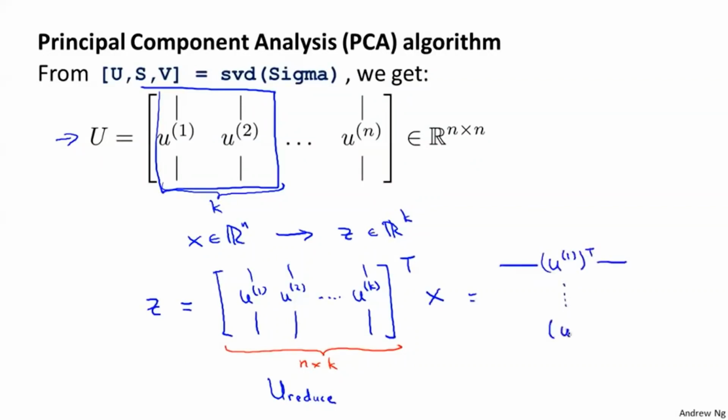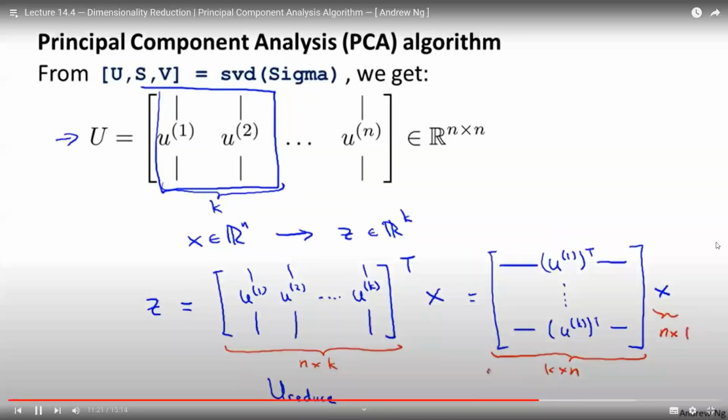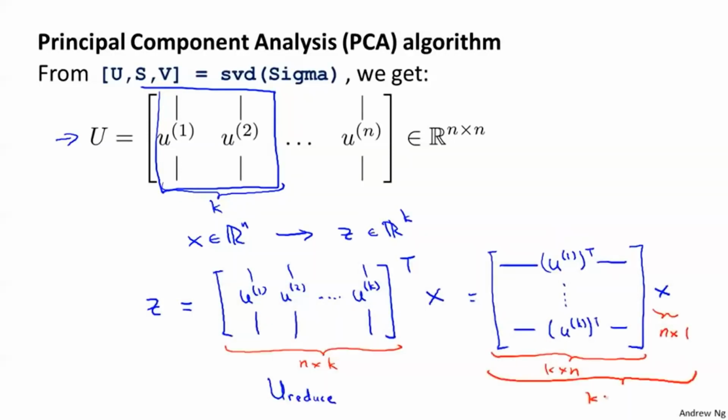I have U1 transpose down to UK transpose, and then take that times X, and that's how I get my vector Z. Just to make sure that these dimensions make sense, this matrix here is going to be k by n, and x here is going to be n by 1, and so their product here will be k by 1, and so z is a k-dimensional vector, which is exactly what we wanted.